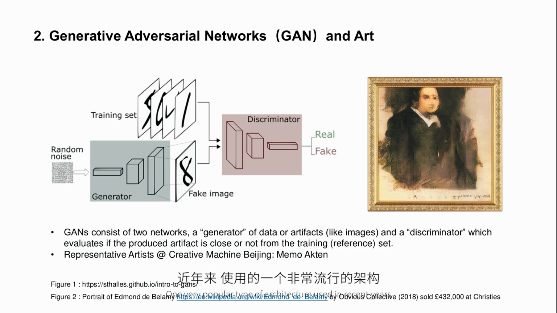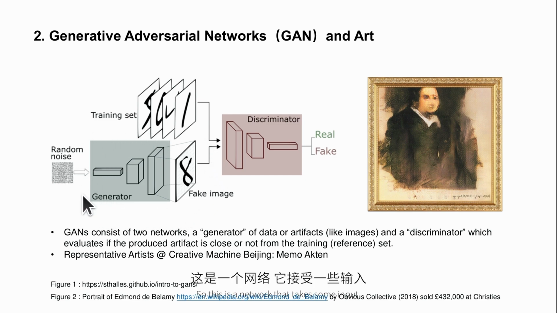One very popular type of architecture used in the recent years is the so-called GAN, or Generative Adversarial Networks. Here you have a sort of summary on the left here of the architectural structure. So what's specific about the GAN is that you have two networks, two artificial neural networks, so-called generator.